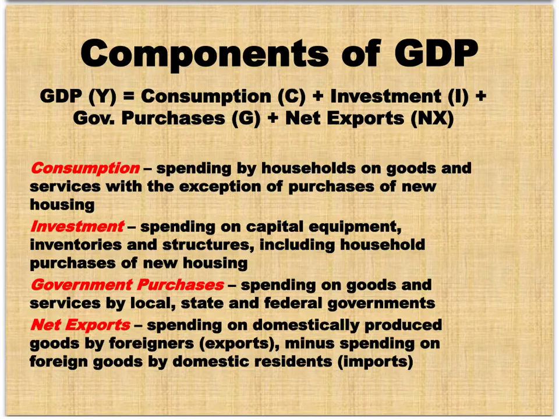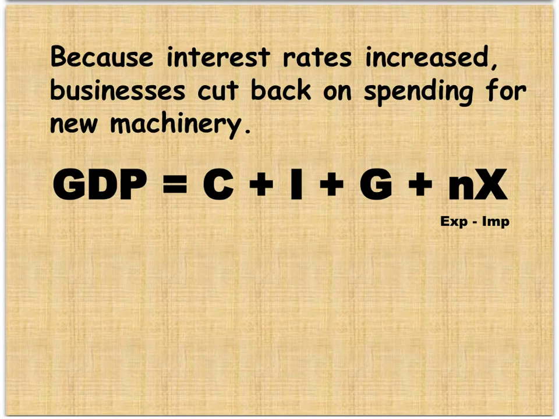And the fourth component is net exports, things we produce to sell to foreigners. And since we include that, we have to necessarily subtract out the things that we buy from foreigners. So it's net exports. It's exports net of imports. It's exports minus imports.